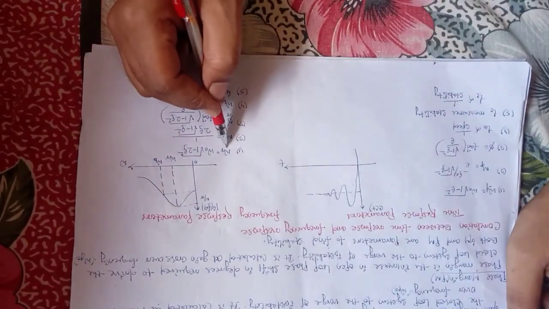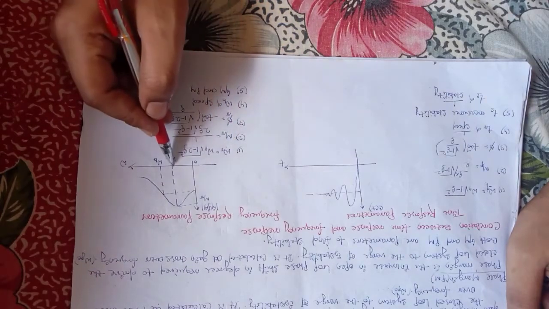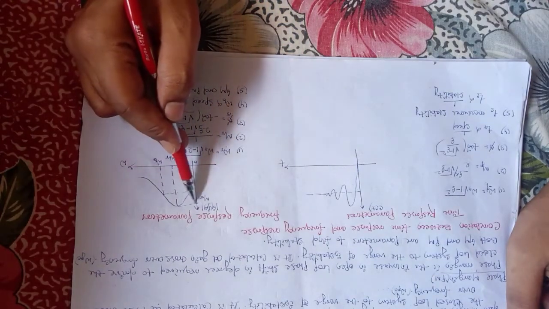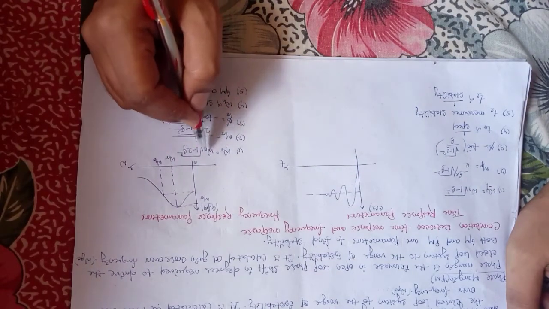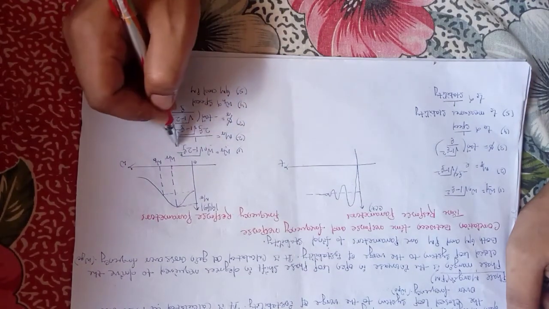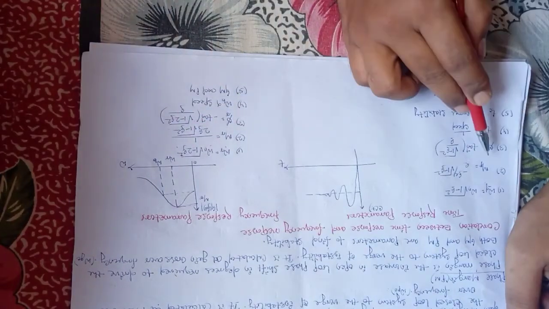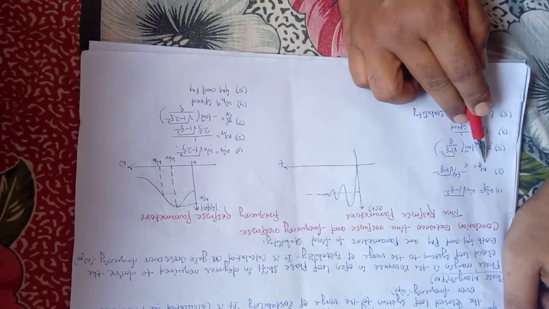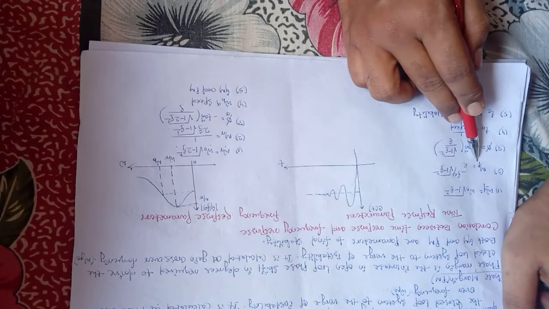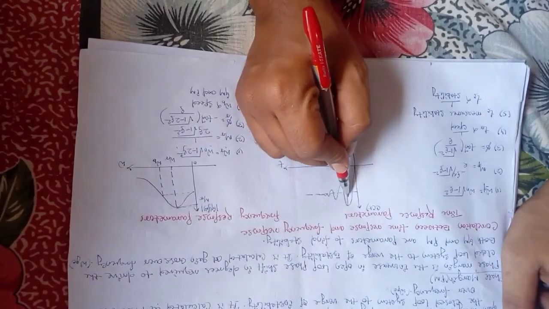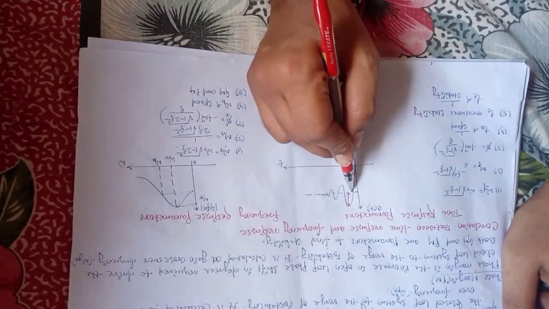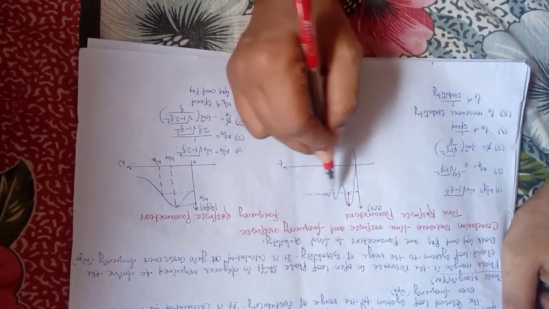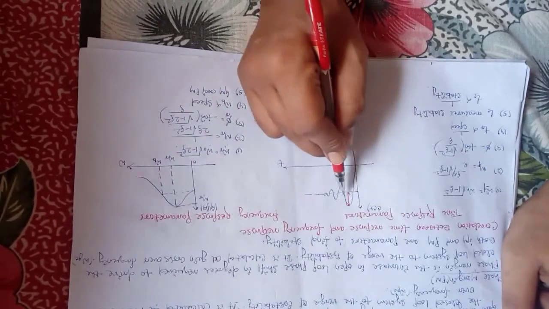Omega r is the resonant frequency, that means the frequency at which we get a peak magnitude. Omega r is equal to omega n into root of 1 minus 2 zeta square. Similarly, in the time domain, we have the concept of Mp, the peak overshoot. Peak overshoot is the extra shift in magnitude from the steady state value.